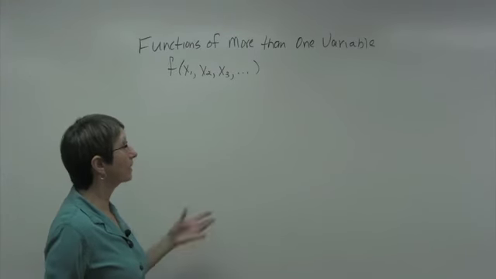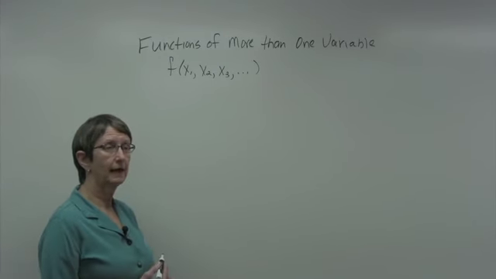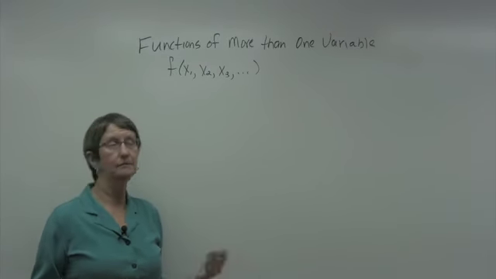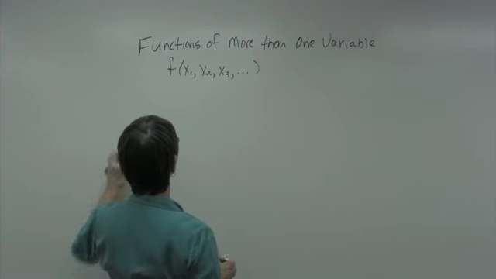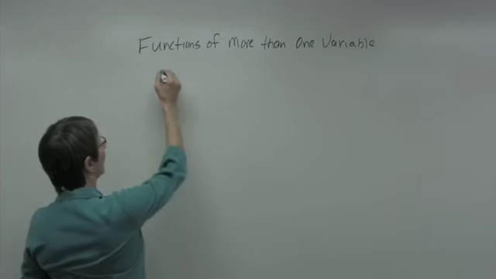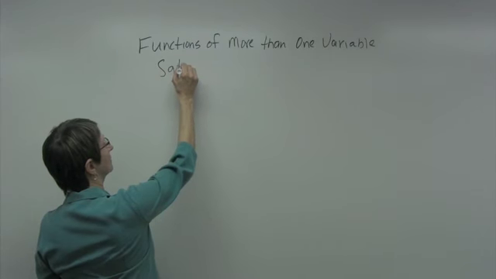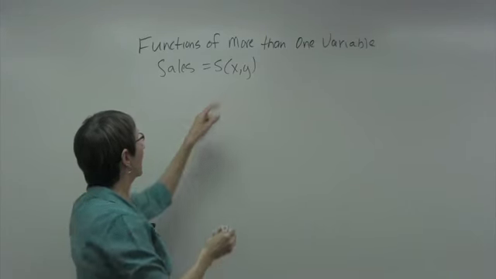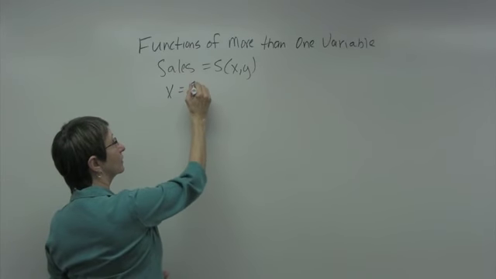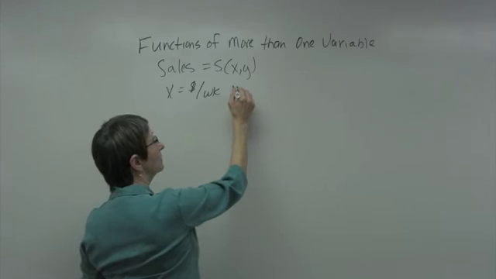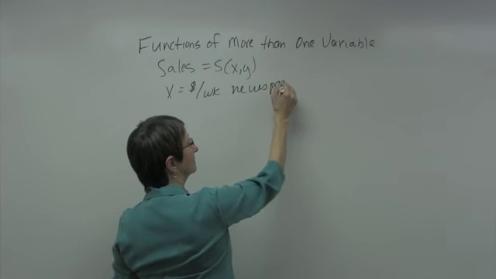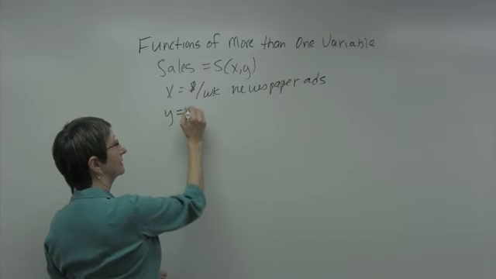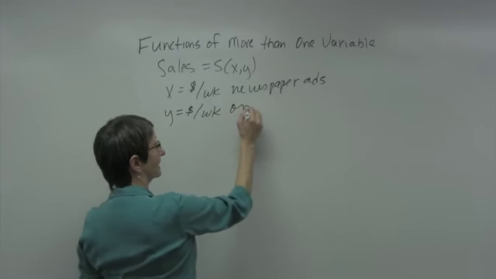Suppose we have a company, and the sales per week depends on the advertising. So let's say that our function S for sales is equal to S of x, y, where x is the dollars per week of newspaper ads, and y is the dollars per week spent on television ads.